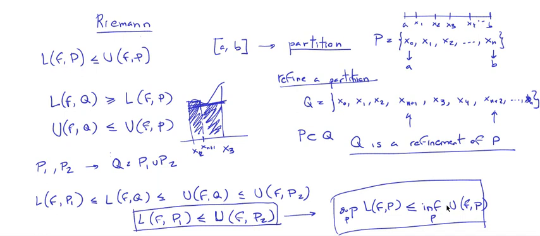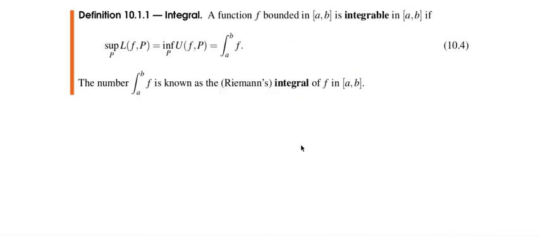And so this led Riemann to the following definition, which is the integral. He says a function f that is bounded in the closed interval [a, b] is integrable in this interval if the supremum of the lower sums for all partitions is equal to the infimum of the upper sums between all partitions.